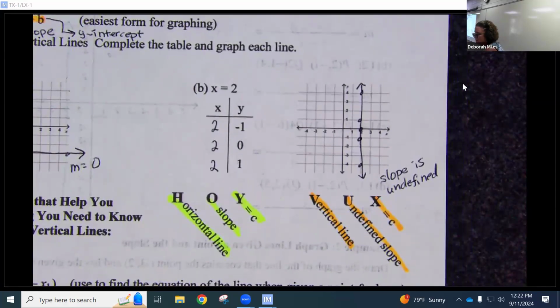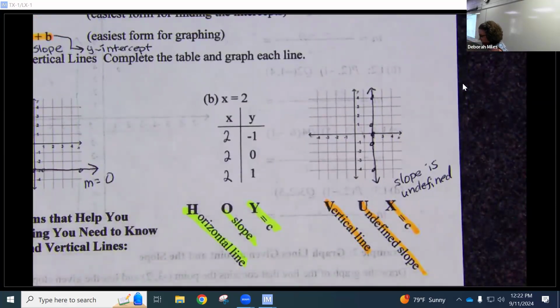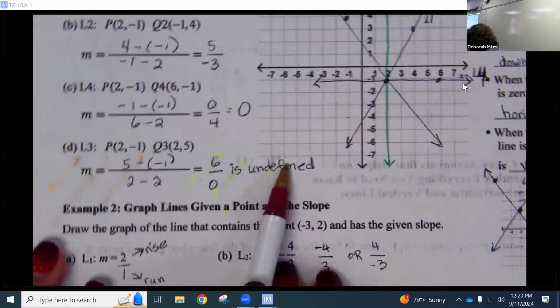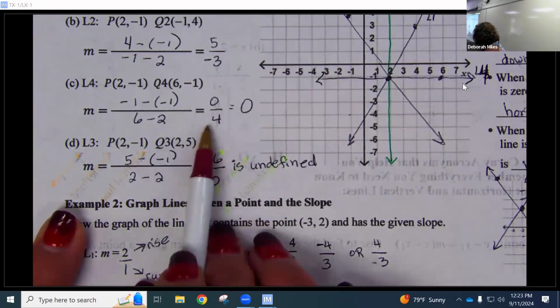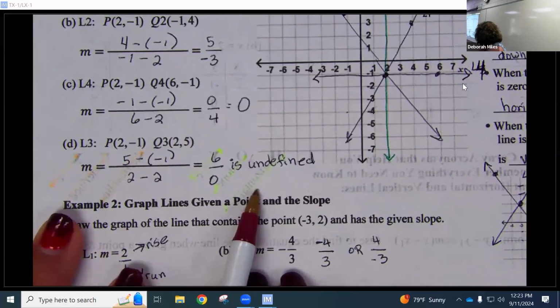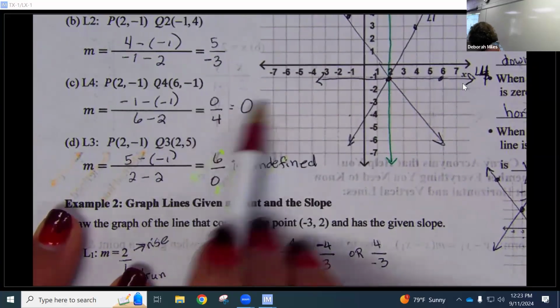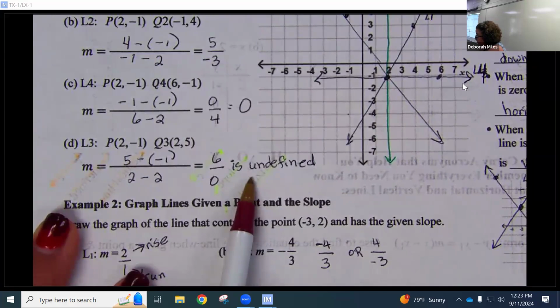I started a sentence a minute ago that I forgot the end of. I just remembered the end of it. Make sure that you never use the phrase no slope to describe slope, because I don't know which of these two things you mean. If you say no slope, do you mean 0 or do you mean undefined?